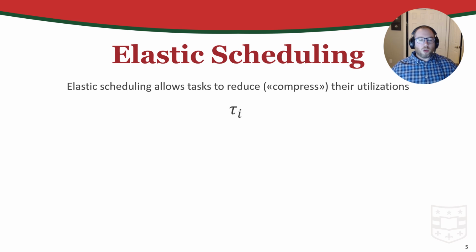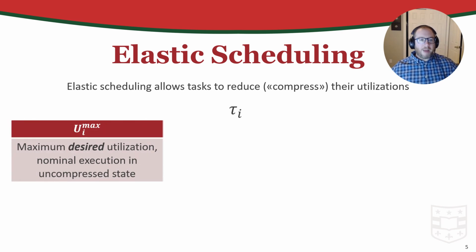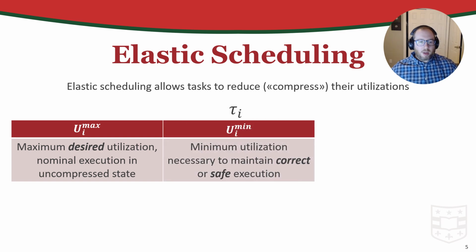Under this framework, each task, tau sub i, is characterized by some parameters including u sub i max, which represents its maximum desired utilization. This is the utilization of the task when it executes normally in an uncompressed state given sufficient computational resources. U sub i min represents a constraint on the task's minimum utilization.